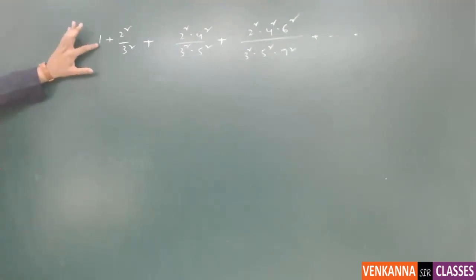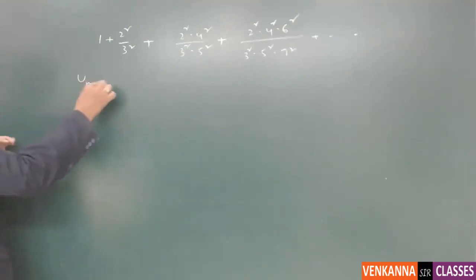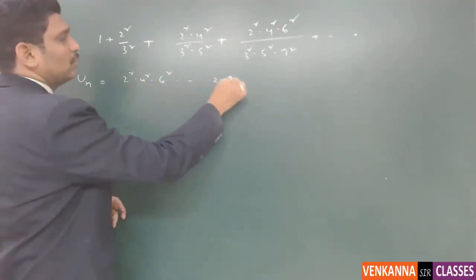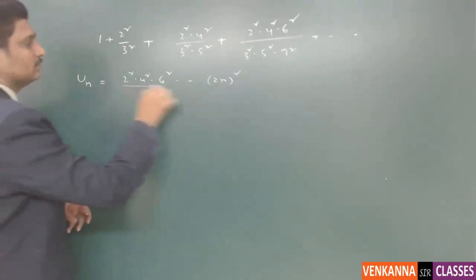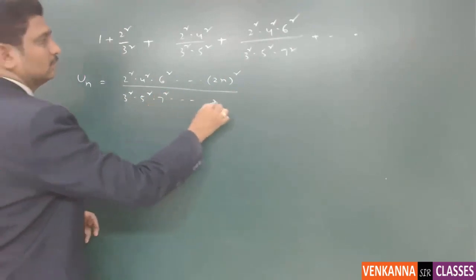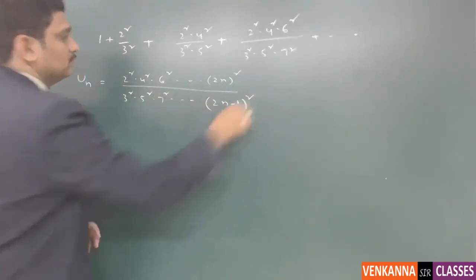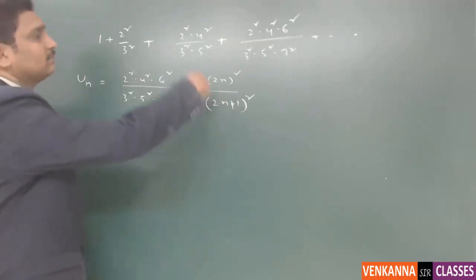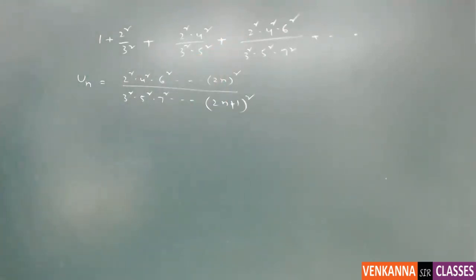So again, omitting the first term, I can write un as 2 square, 4 square, 6 square, so on, 2n whole square by 3 square, 5 square, 7 square, excluding the first term. I can take 2n plus 1, because if I take n equal to 1, 1 won't be there, right? 2n plus 1 whole square.